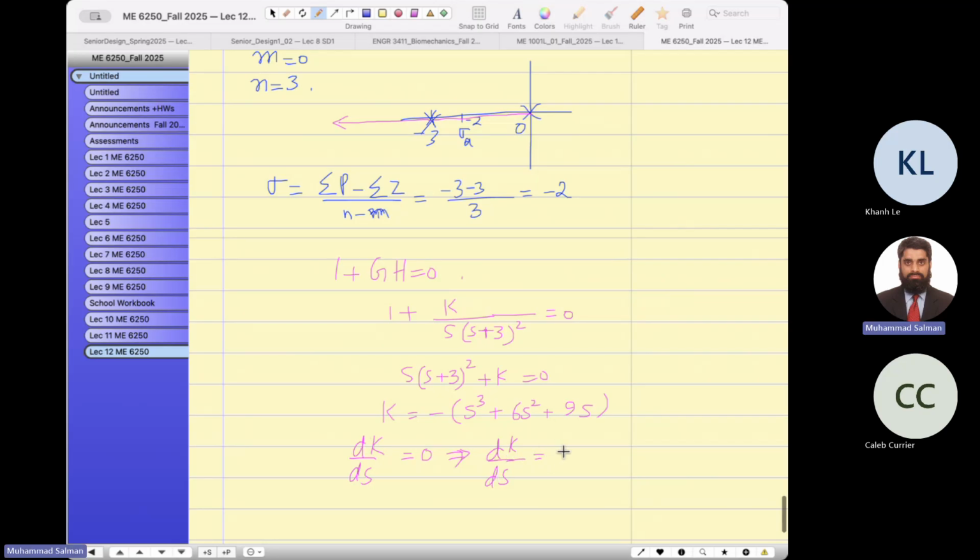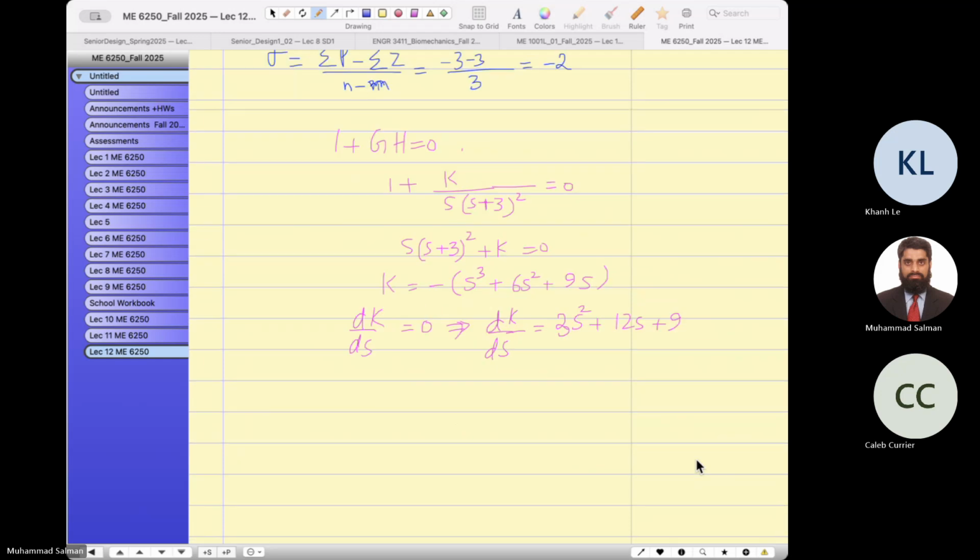So I'm going to write down here: 3s square plus 12s plus 9. So the location equals -1 and -3. Agreed? Let me double check it in my calculator. Can you check the roots are correct?